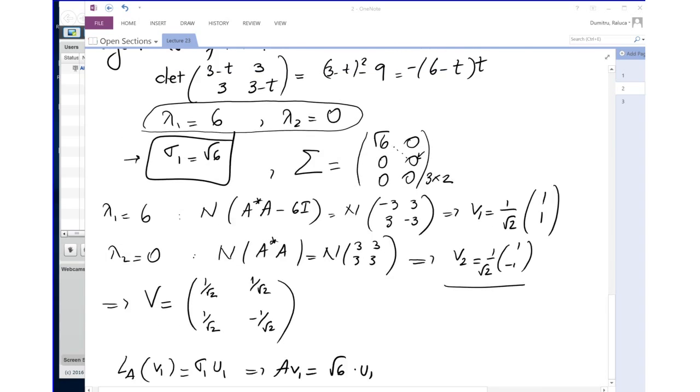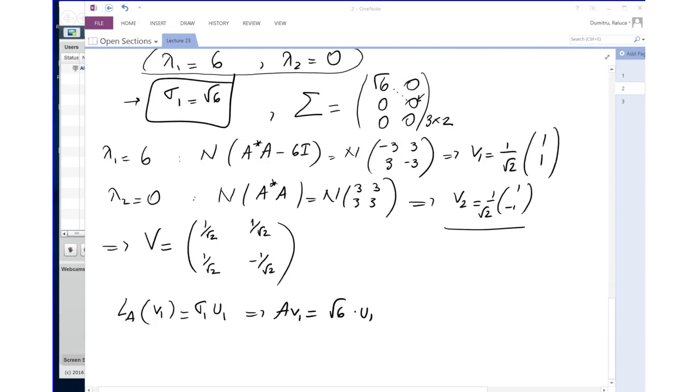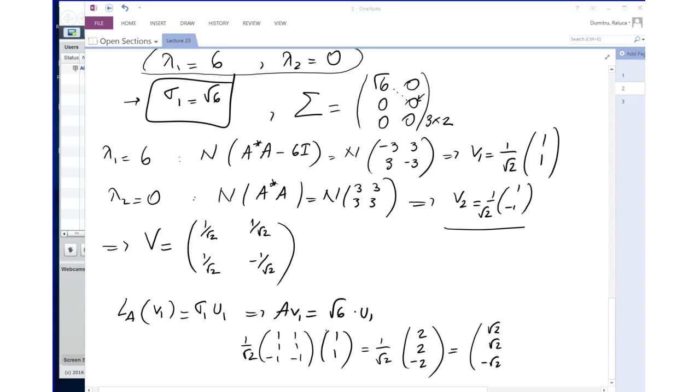So you need to take the matrix A, which was 1, 1, negative 1, 1, 1, negative 1, and multiply it by V1, which is 1, 1, and 1 over the square root of 2, which I'll just move in front. So it turns into this.